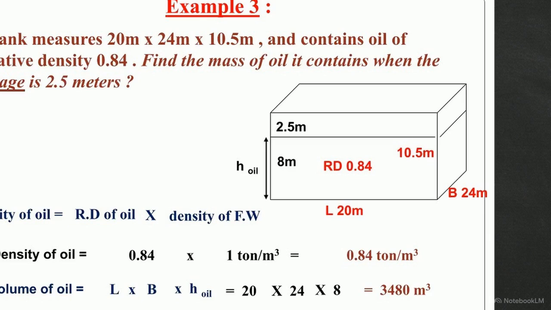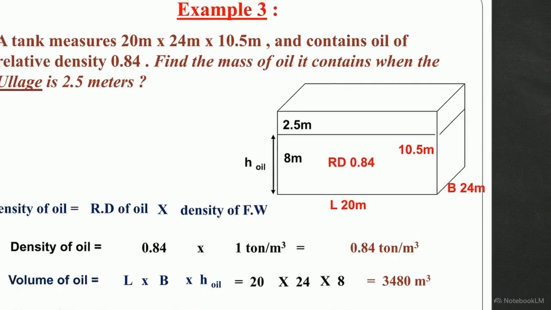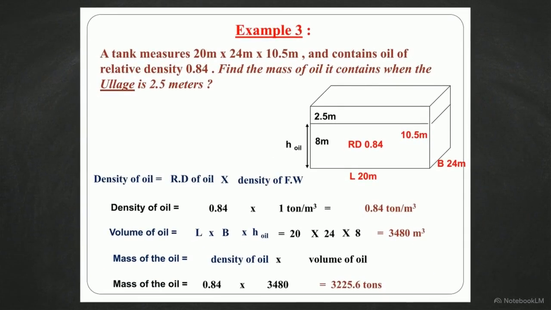This diagram illustrates a practical scenario. We have a tank measuring 20 meters long by 24 meters wide, with a total physical depth of 10.5 meters. Although the tank is 10.5 meters deep, an assigned ullage of 2.5 meters restricts the functional fluid height. That leaves exactly 8 meters of loadable depth, giving us an operational volume of 3,480 cubic meters.